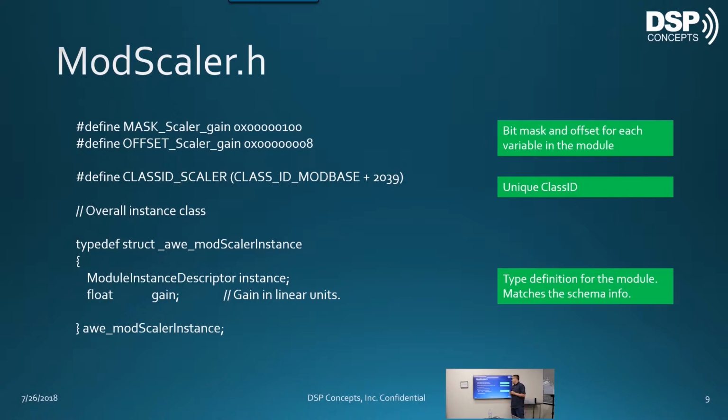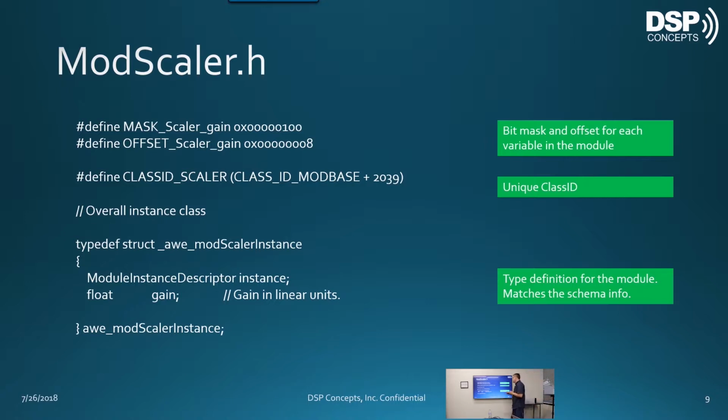And then finally, there's also some offset information. The gain variable is an offset of 8 words from the start of the structure. So this header is actually 8 words big. Okay, so this offset information is going to be needed later if you want to read and write the variables through the tuning interface.